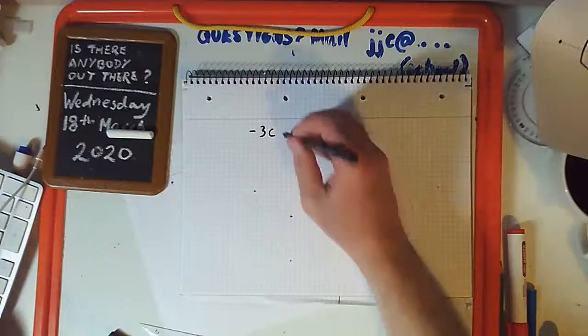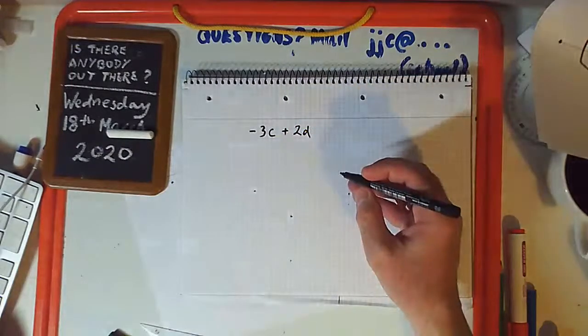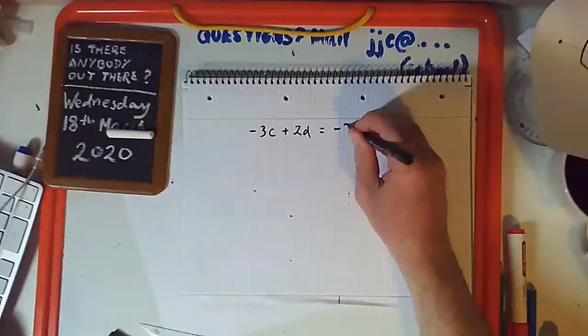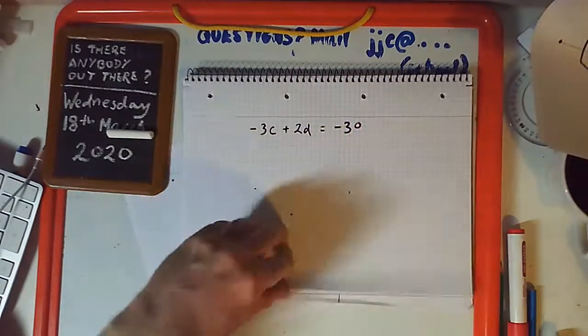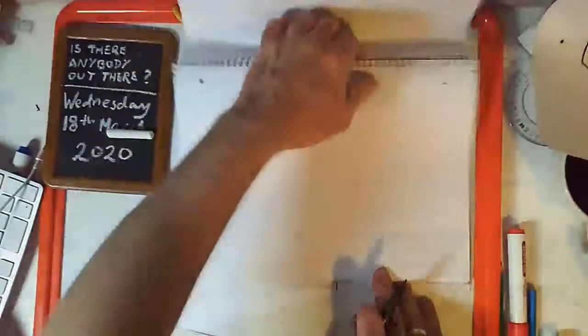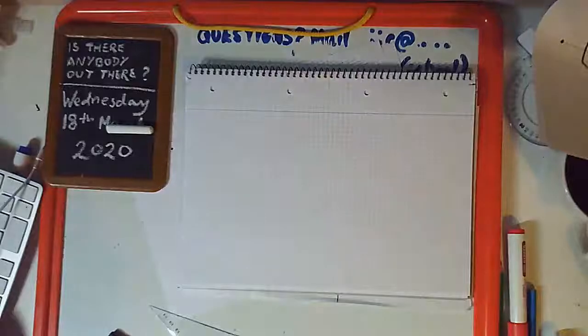Minus 3C plus 2D equals minus 30. I'm almost certainly going to have to give myself more space than this, I think. So let's go over here. Let's try the smaller pen.